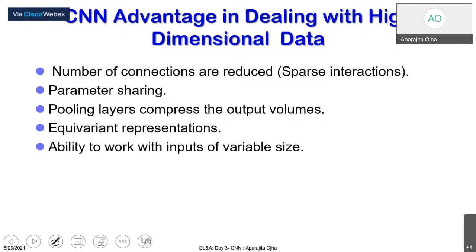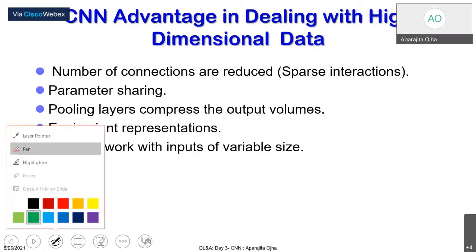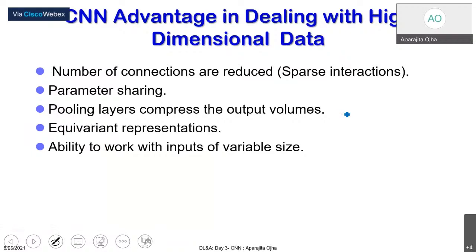Ability to work with inputs of variable size. You make a convolutional neural network, whatever the input size, tomorrow you can take 512 cross 512, today you can take 256 cross 256. You must be thinking, what is different here? If you remember, in the fully connected network, the very first layer weight matrix was W, like we had W transpose X plus B. What was the dimension of the very first layer weight matrix?